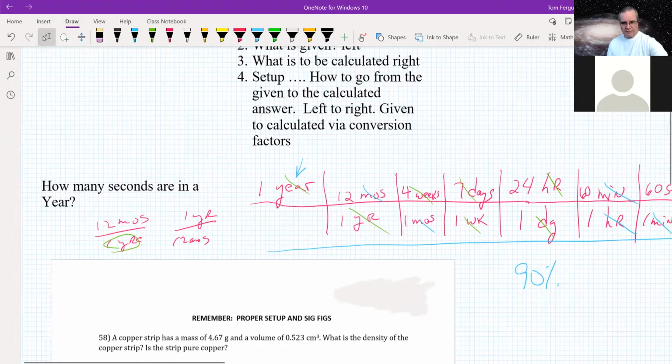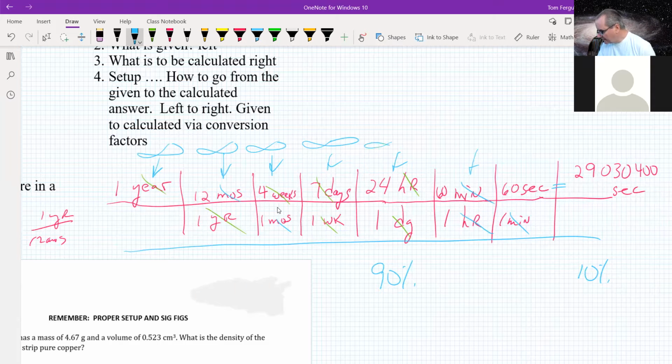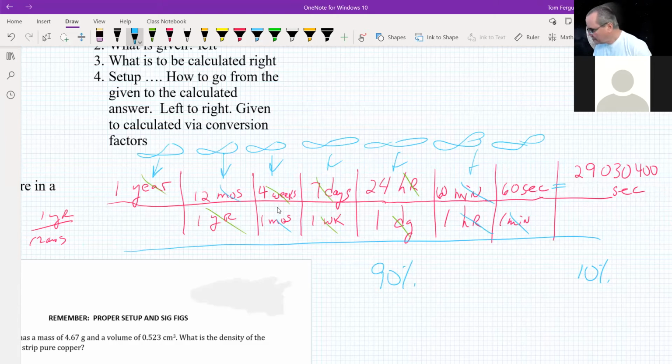Okay, that means our answer. So all these others are definitions. Every single one. That means every single one of these has infinite precision because it's by definition. The only one that doesn't have a definition is the given 1 year.